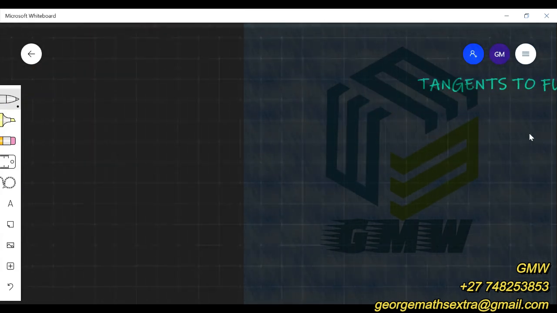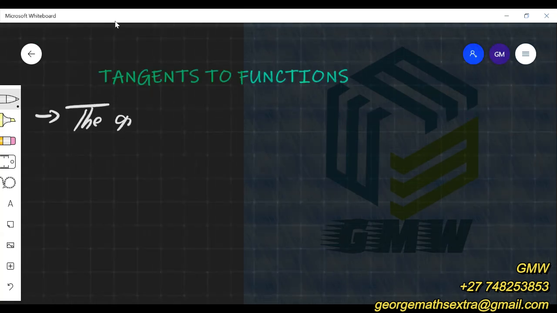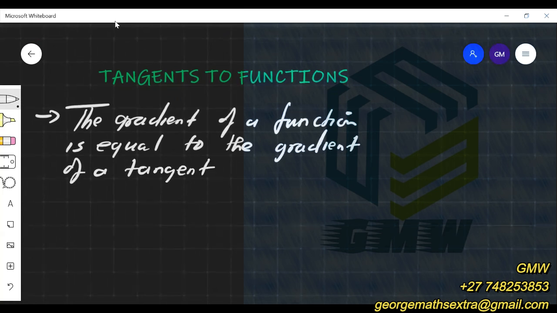So we have what we call tangents to functions. The gradient of a function is equal to the gradient of a tangent at the point of contact.